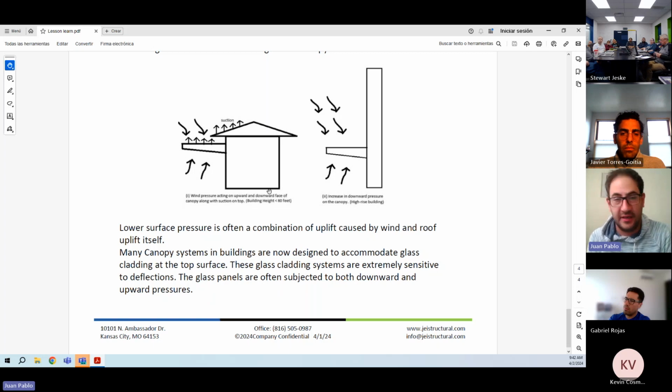As we all know, glass allows very small deflections. So we have to be really careful with high-rise buildings with glass, because the pressure that we're obtaining is a lot higher than regular pressures on canopies.